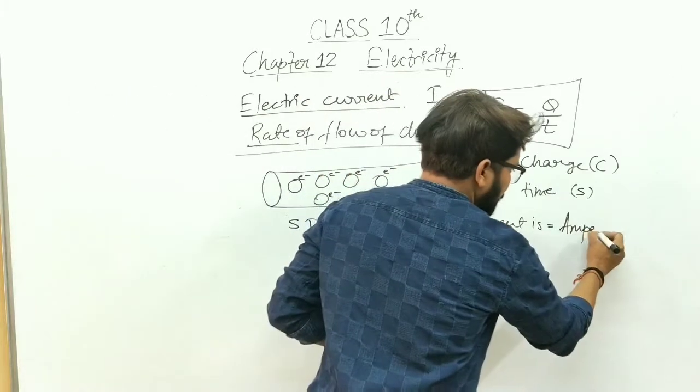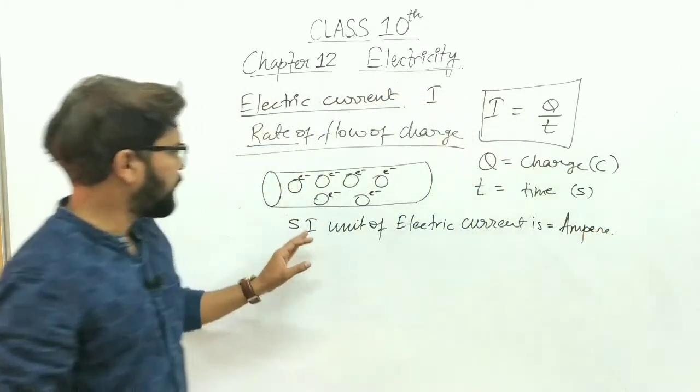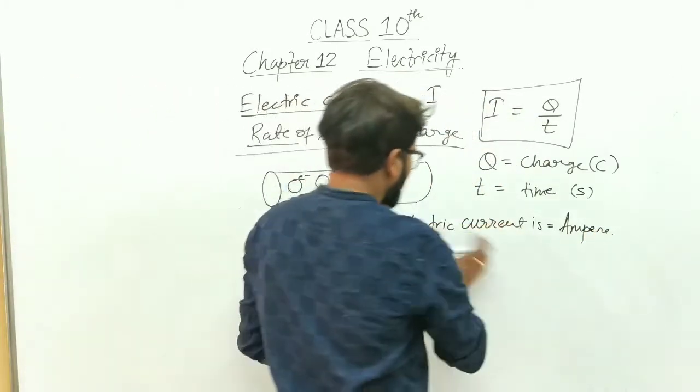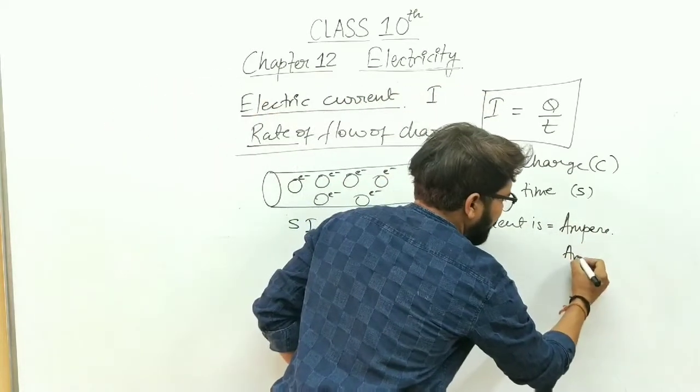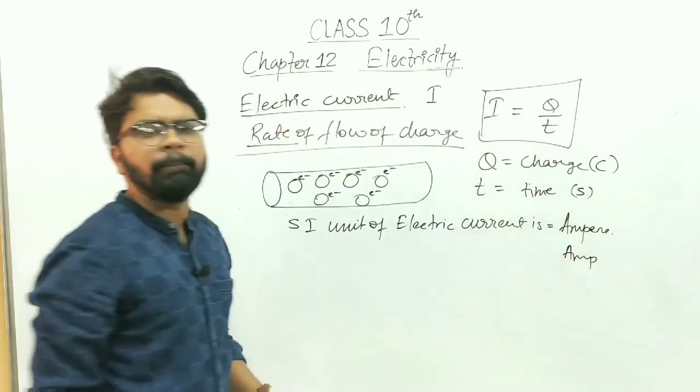Okay, so the SI unit of electric current is the ampere, and quickly we write it like A.